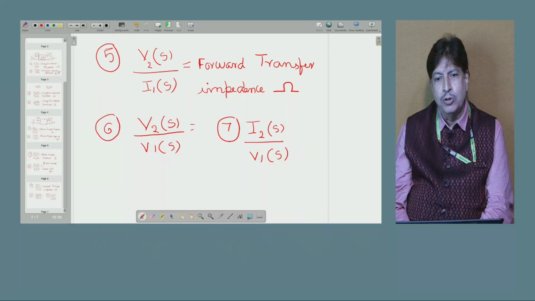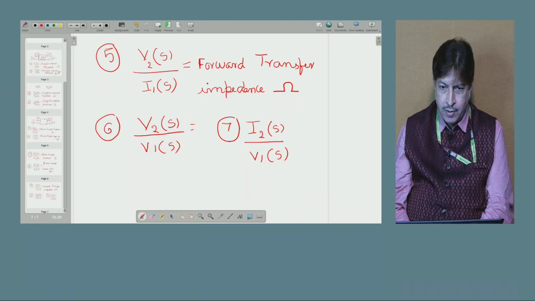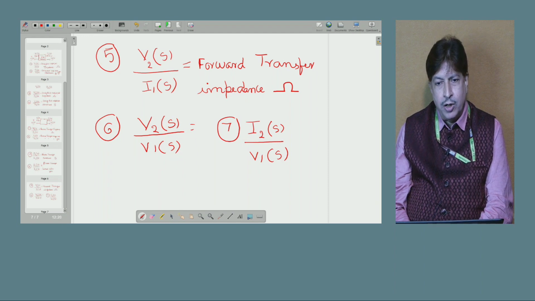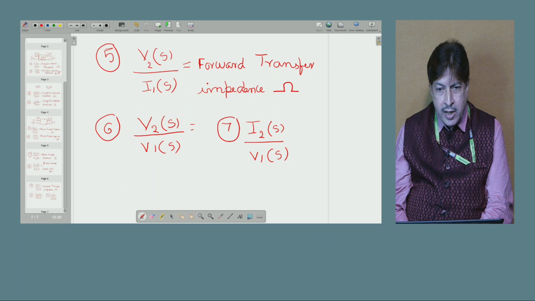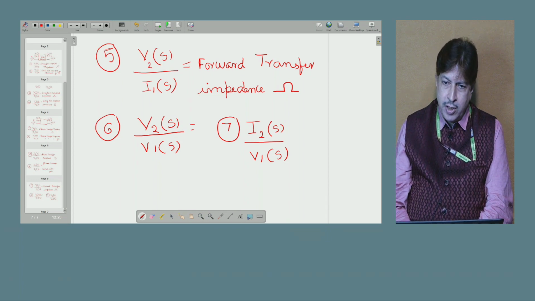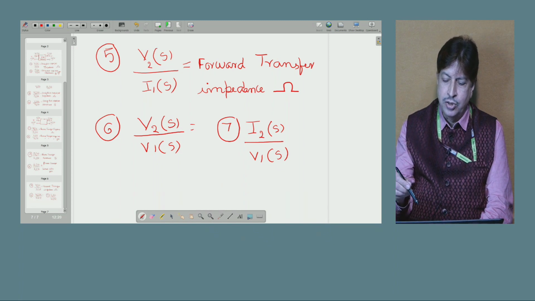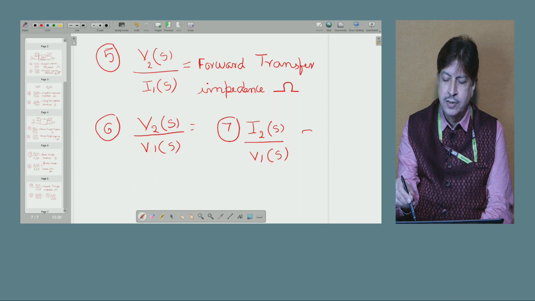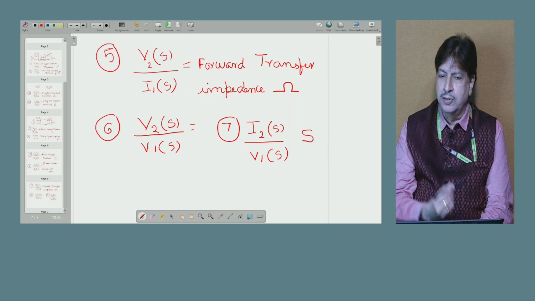Output by input is always considered as forward direction. Why transfer? Both belong to different ports. Why admittance? Current to voltage ratio is admittance. Forward transfer admittance function. Its unit is Siemens.